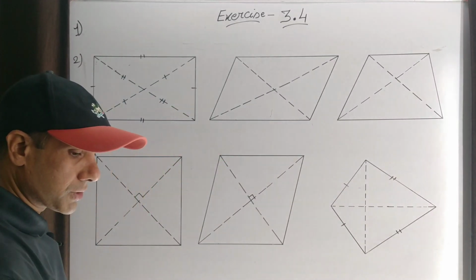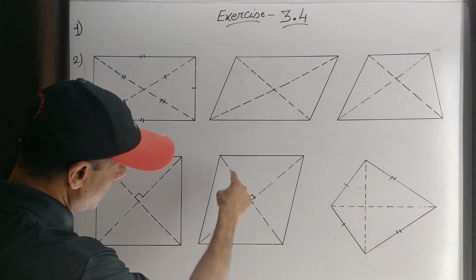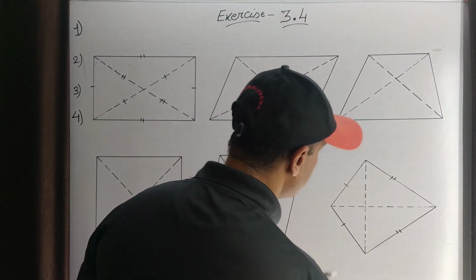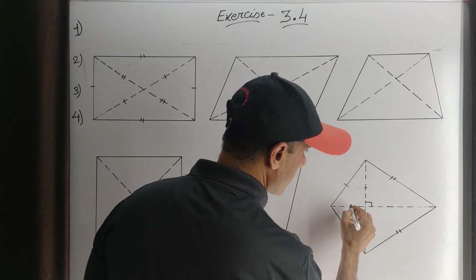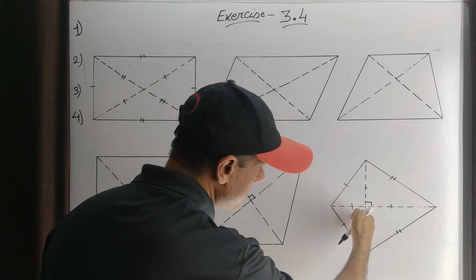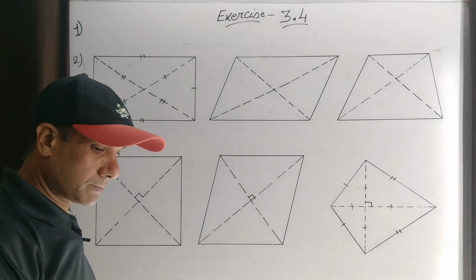You should be careful in this question. They have asked perpendicular bisectors. So they divide each other equally, but in case of a kite, the diagonals are perpendicular to each other, and this part is equal to this part, but this diagonal is not bisected. That is, it is not divided into 2 equal parts. Clear?